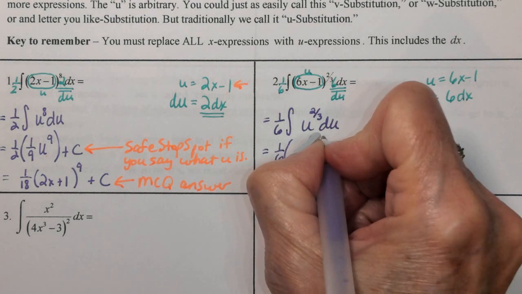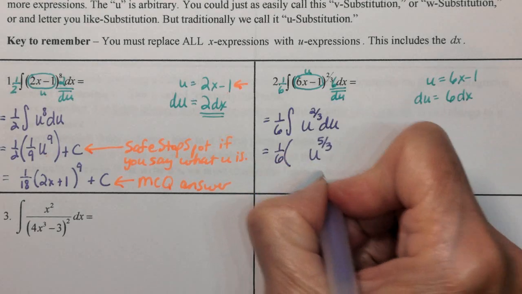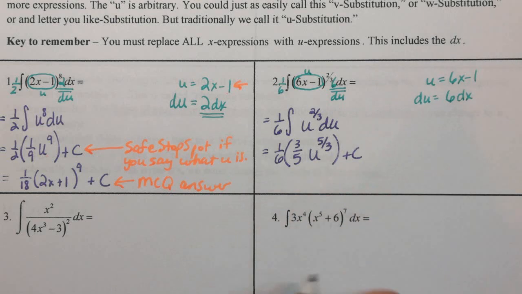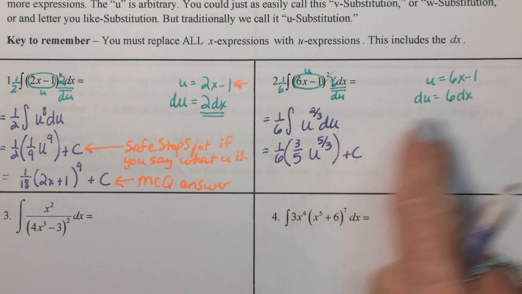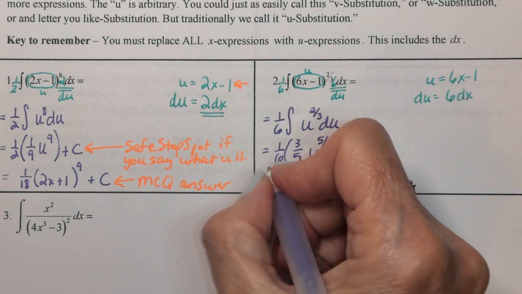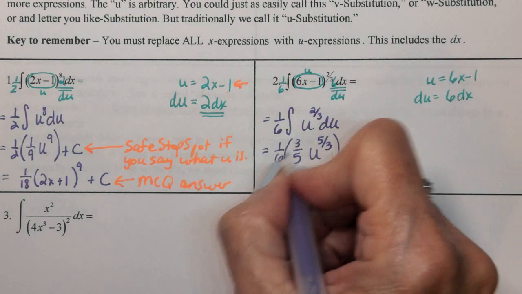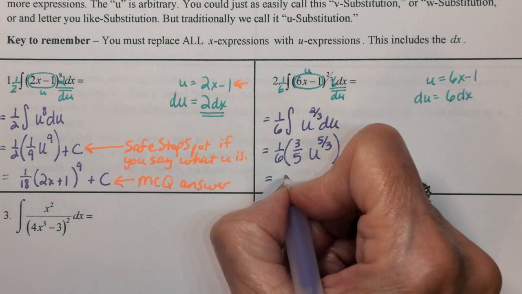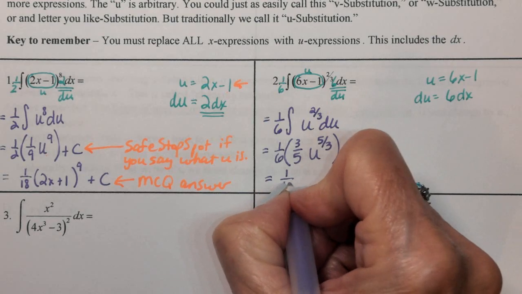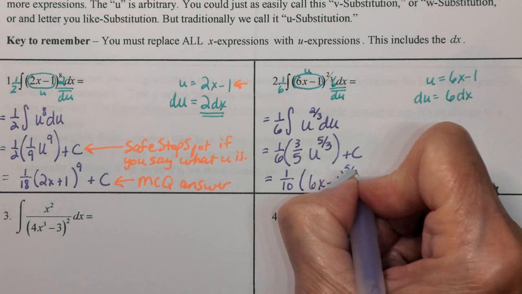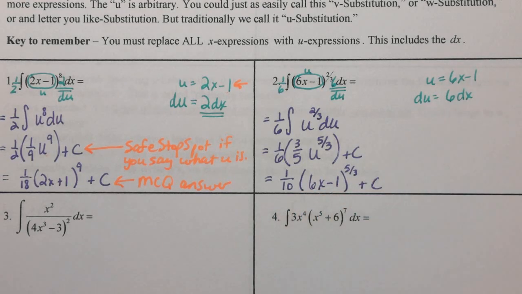Raise your power by 1, divide by your new power, plus c. That would be a safe stop spot as long as you tell me what u is equal to. As a multiple choice answer, 3 goes into 6 twice, so 1/10 times 6x minus 1 to the 5/3 plus c. Multiple choice answer.